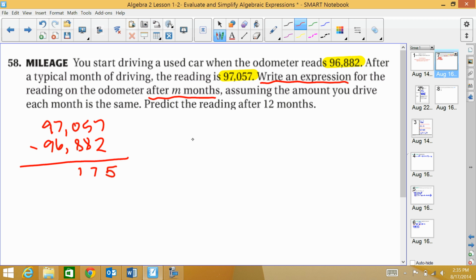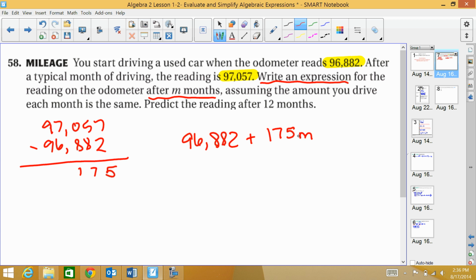So I know I'm going to start with 96,882 and then I'm going to add on however many miles I'm driving. Well, I know I'm driving 175 miles per month, so I'm going to use M for months there.